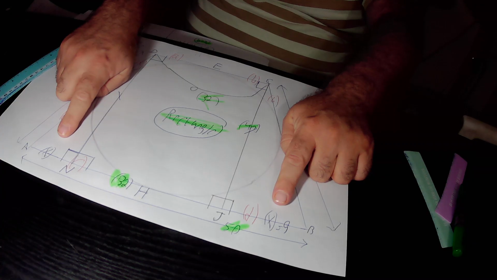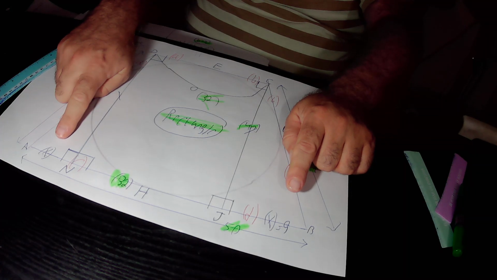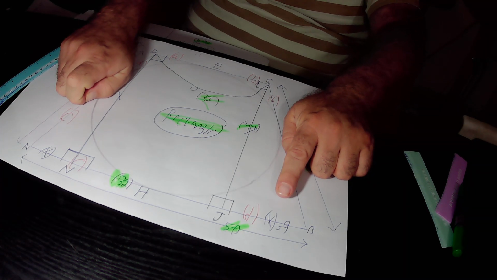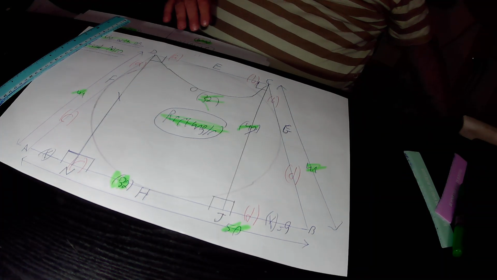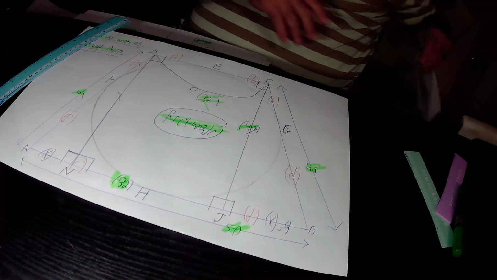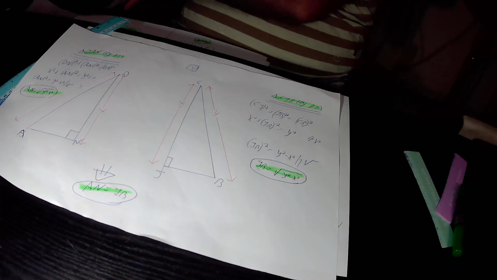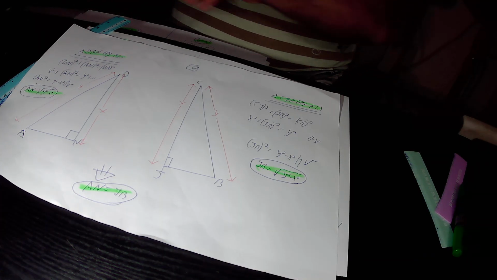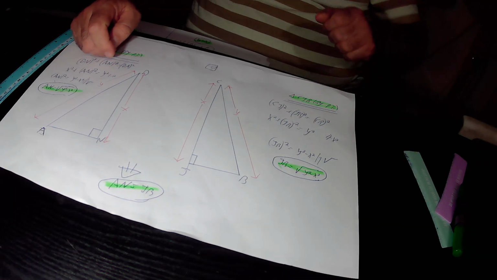Let me copy those two triangles in a new page, and I will prove that those two sides are equal to each other. That is to say, side AN in the triangle DNA is equal to side JB in the triangle CJB. Those are the two triangles coming from the original figure.